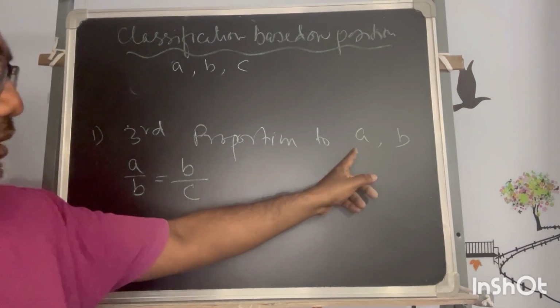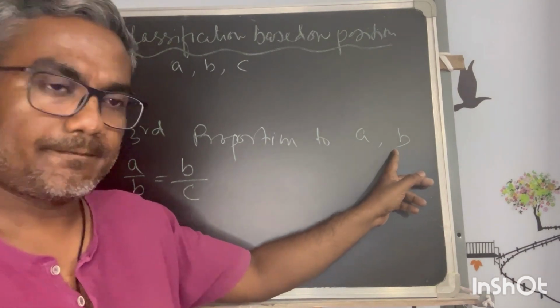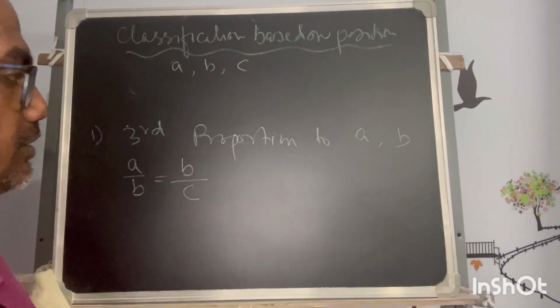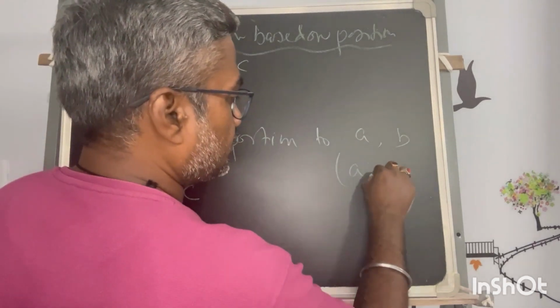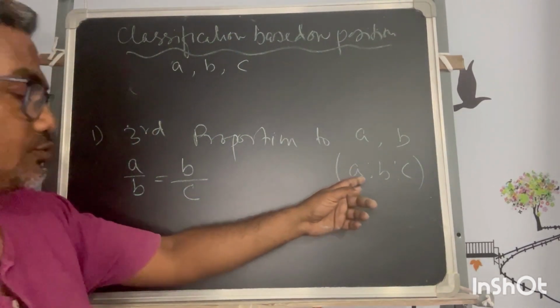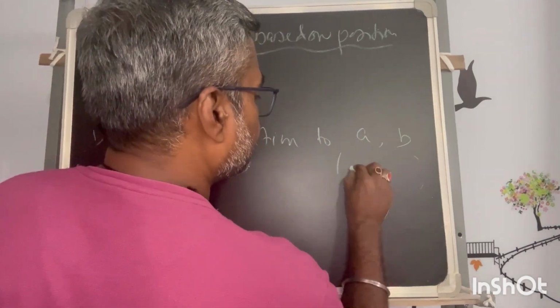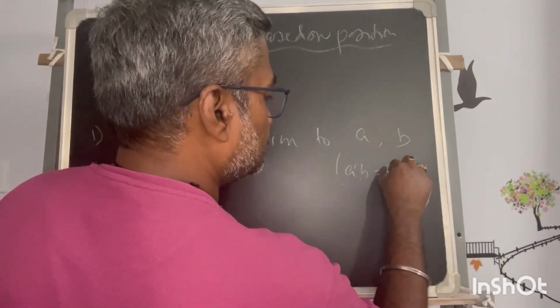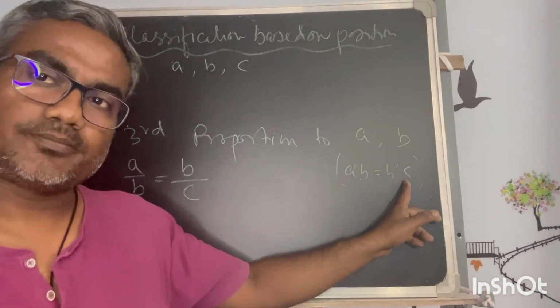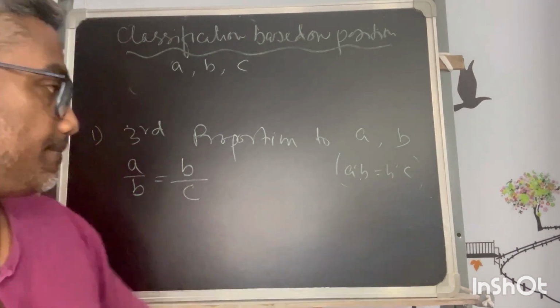In case there are two quantities and you have to find the third proportion, you have to get a continued proportion: A is to B is equal to B is to C. Then this will be your third proportion.